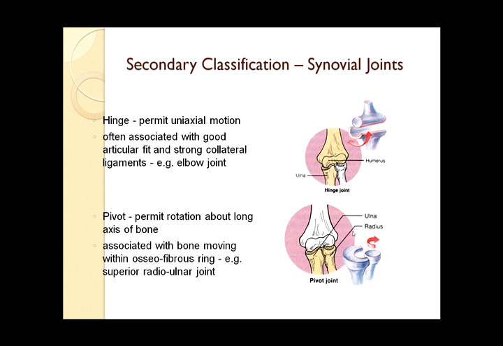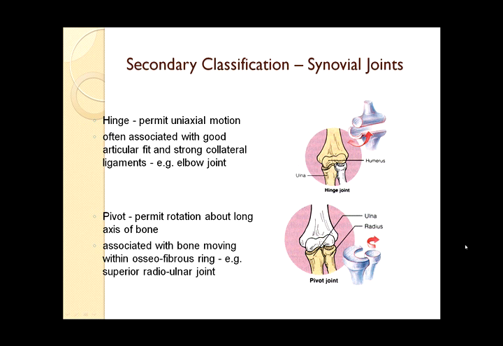A synovial hinge joint, as in the elbow for example, is a typical uniaxial joint. It only permits movement in one plane of motion. The articular surfaces are usually very congruent, and the joint is usually reinforced by a strong set of collateral ligaments to prevent any other movement, any rotational movement or any abduction and adduction movement.